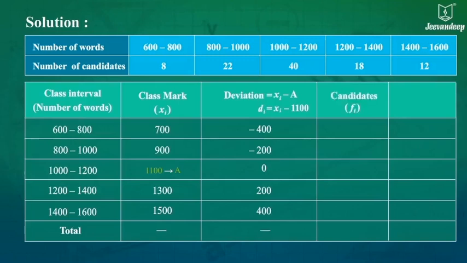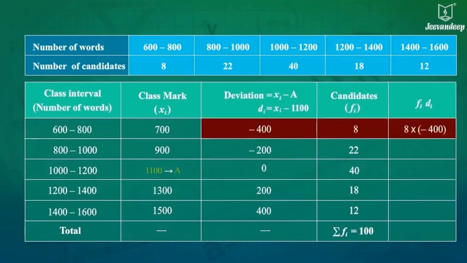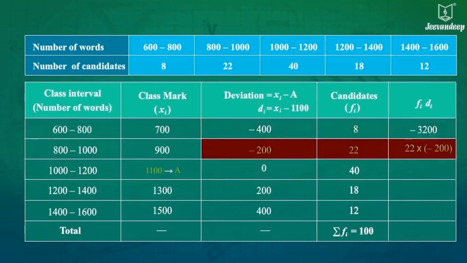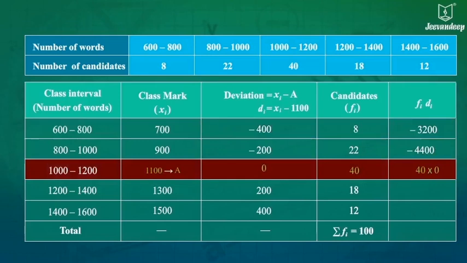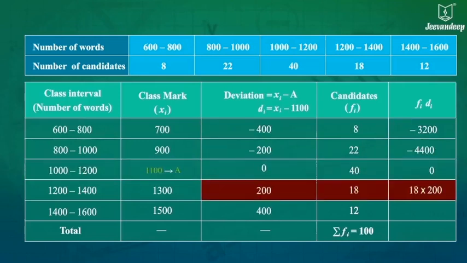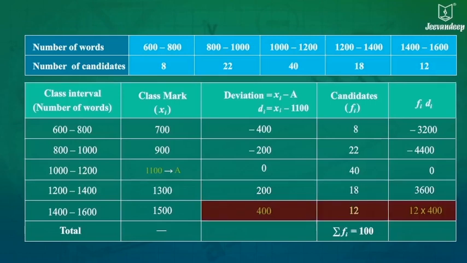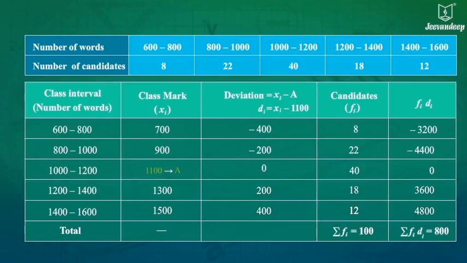In column 4, values of fi's are written. In column 5, values of the product fi di are written. Then, find the sum of frequencies, that is, sigma fi and sigma fi di.